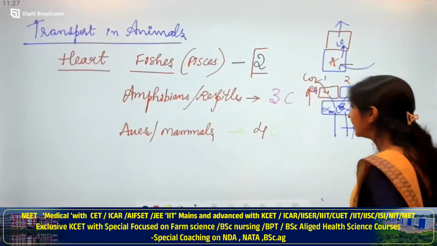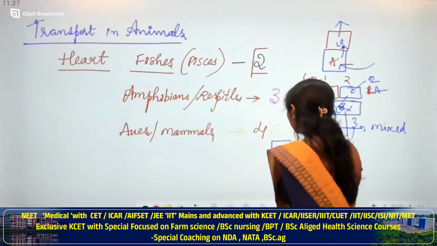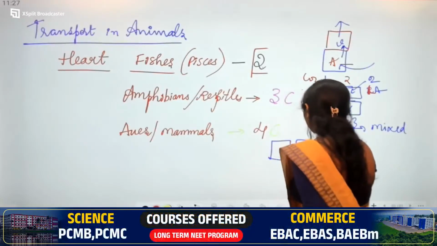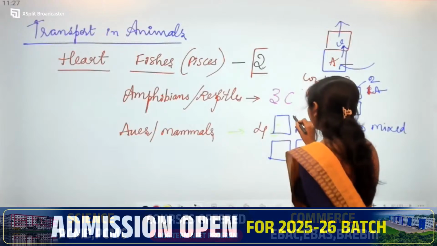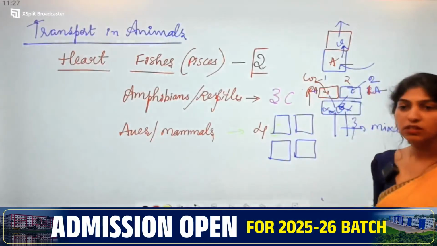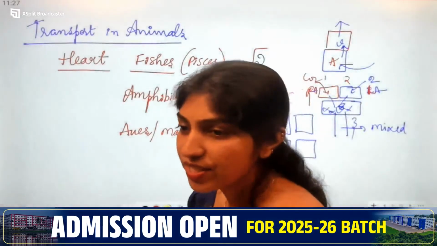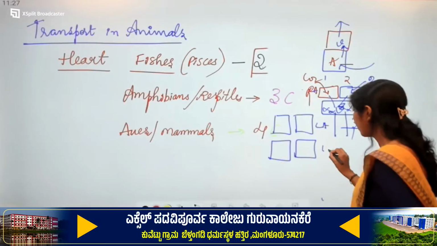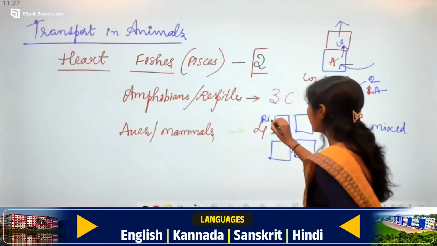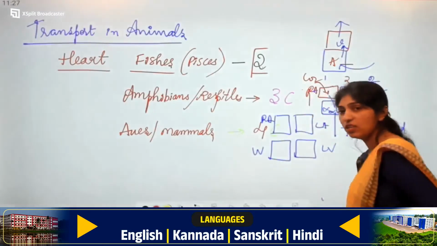But in the case of aves and mammals, how many chambered heart do aves and mammals have? Yes, they have a 4 chambered heart. You can call them left atria, left ventricles, right atria, right ventricles, correct? You know which are the 4 chambers.